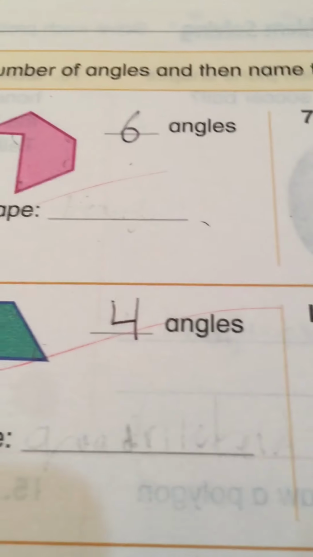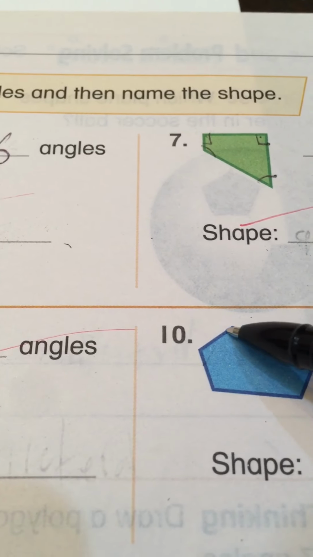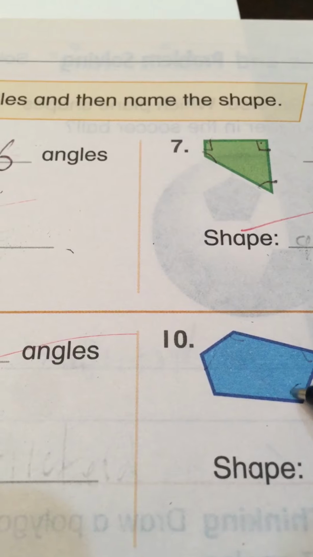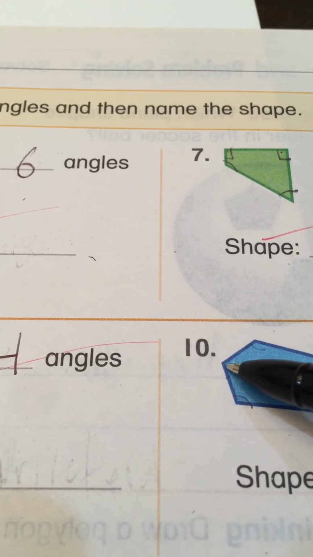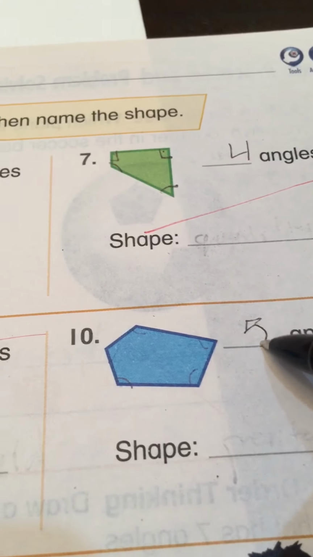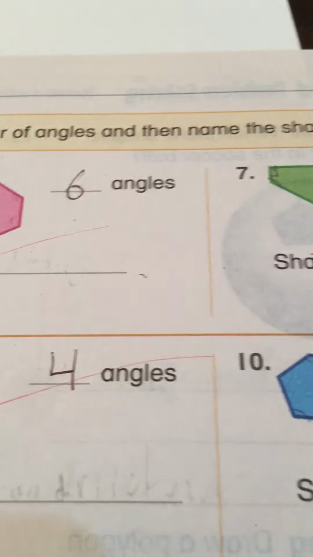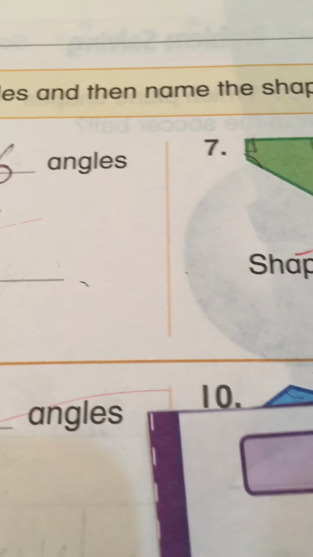And let's go and see number 10. So how many? 1, 2, 3, 4, and 5. So count again, make sure, 1, 2, 3, 4, 5. So it has 5, and this is a pentagon. So write it down, it is a pentagon for number 10.